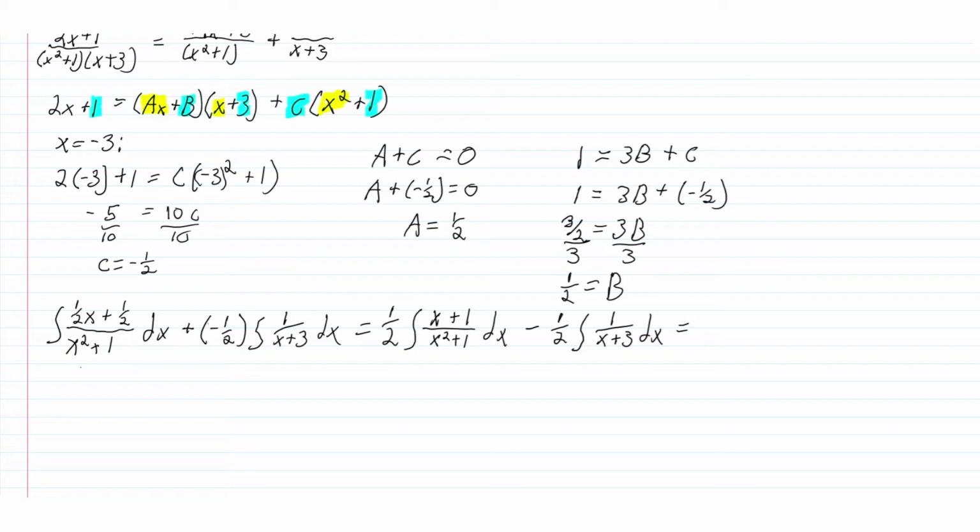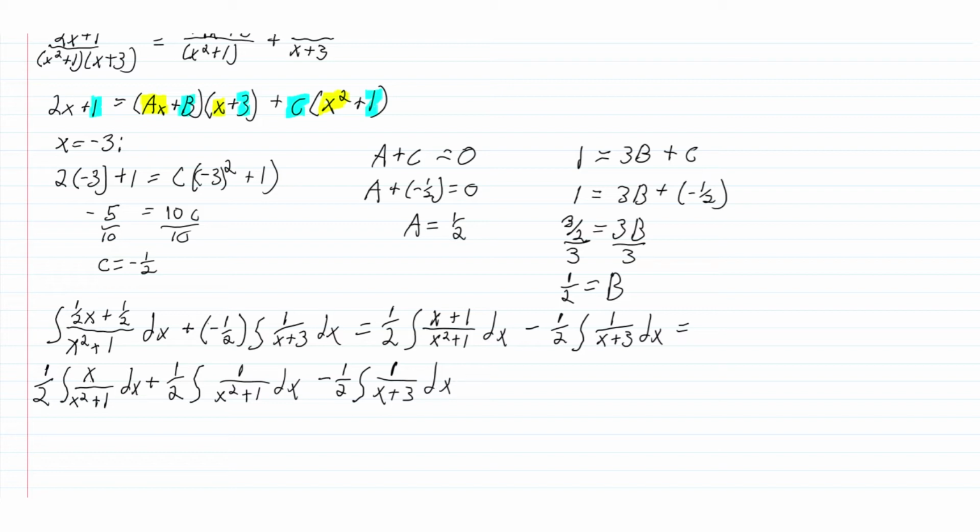We'll rewrite this one more time. Have 1/2 the integral of x over x squared plus 1 dx, plus 1/2 the integral of 1 over x squared plus 1 dx, minus 1/2 the integral of 1 over x plus 3 dx.